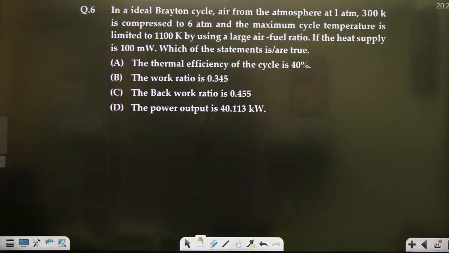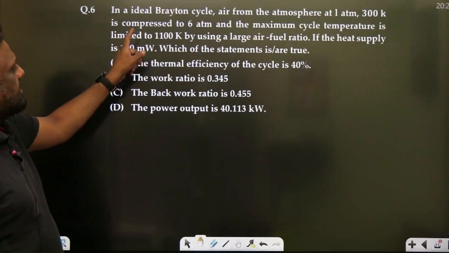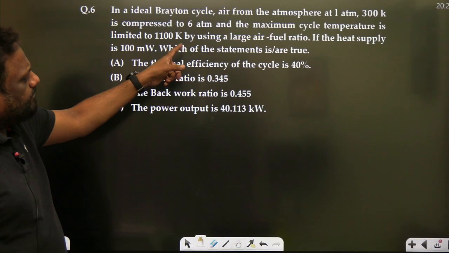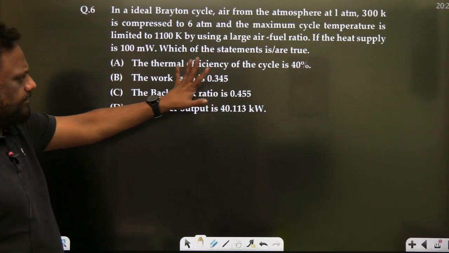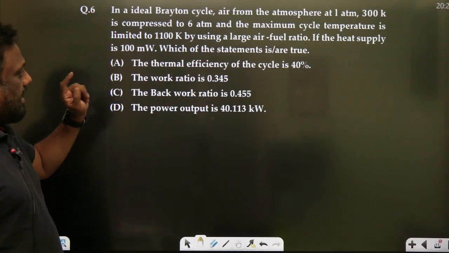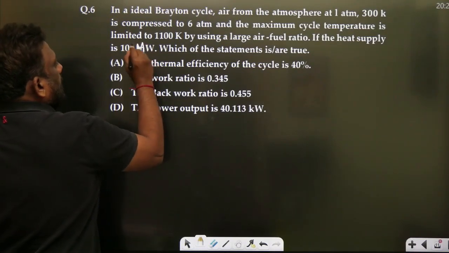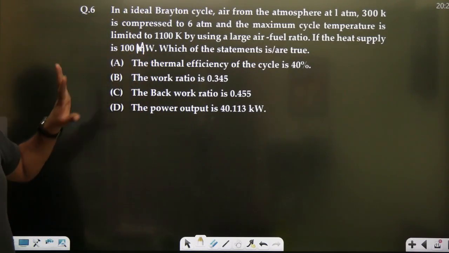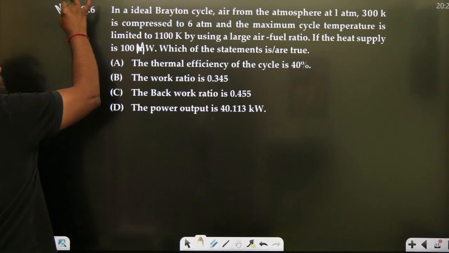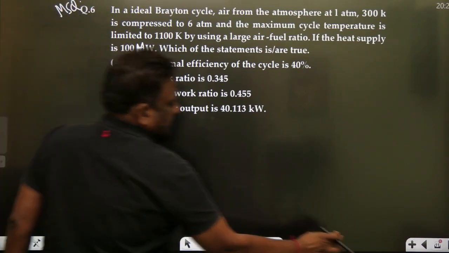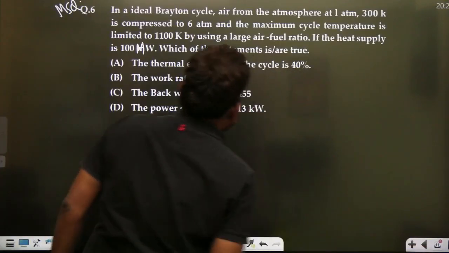Next, the maximum cycle temperature is 1100 Kelvin, by using a large air fuel ratio. If the heat supply is 100 megawatt, not milli, sorry, 100 megawatt. Which of the following? It is MSQ.